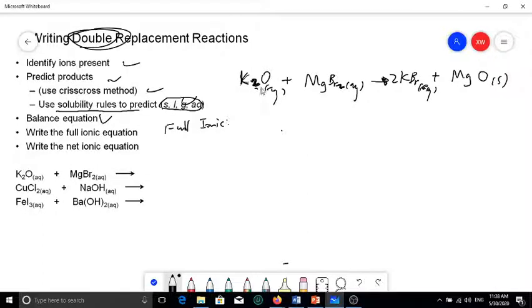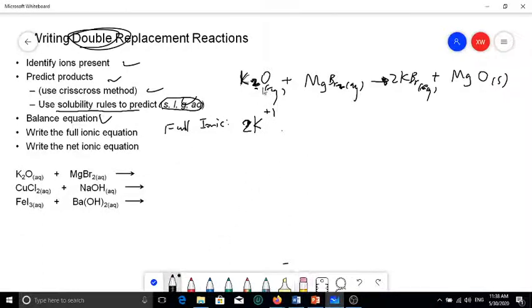So K2O. The potassium is the cation with a positive 1 charge, and there are 2 of them. You can't put 2 down here anymore. You have to put this 2 in the front, because this is not a polyatomic ion. When writing the potassium ion only, it has to be a big number in the front.